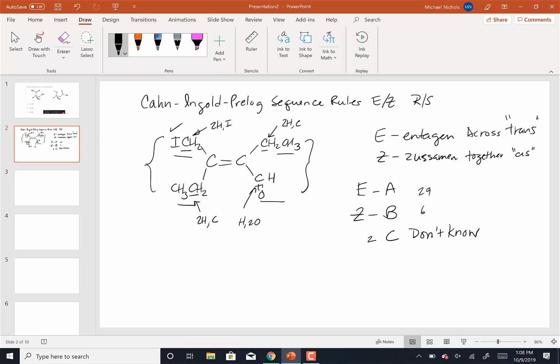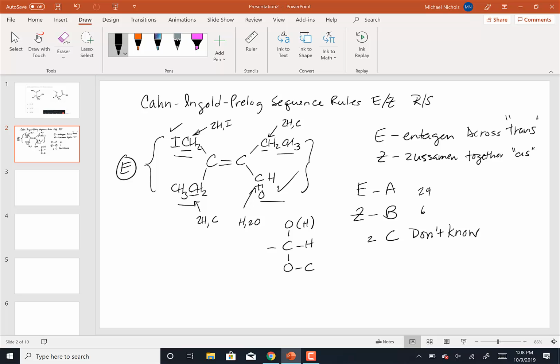An H and 2 O's. That would be the equivalent structure of the aldehyde, and I think we did the equivalent structures last week. So in this case, which one wins? CH2CH3 or aldehyde? Aldehyde wins. My 2 high priority groups are, in essence, trans, so that is E. So that is the E geometry.